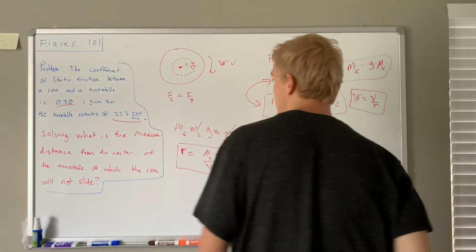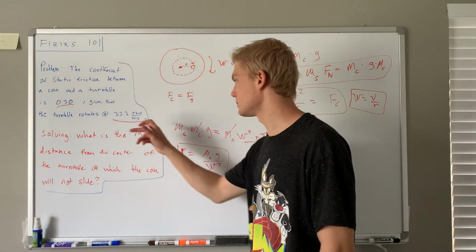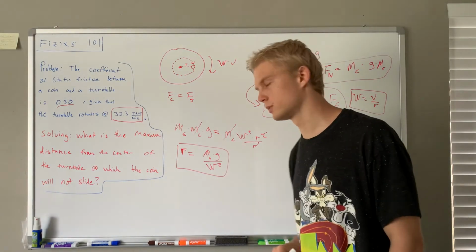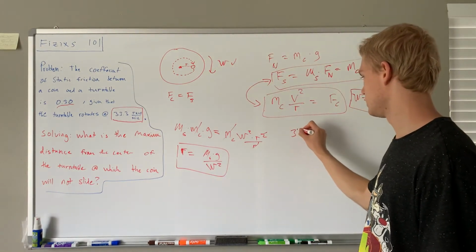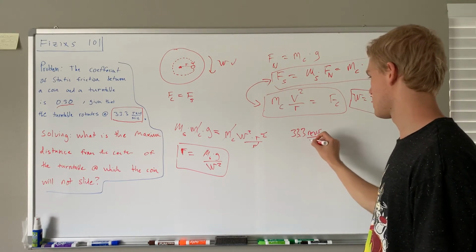Because they give you numbers, I'm going to tell you what that number is. But in this case, it's revolutions per minute. I don't like that. So you get 3.3 revolutions per minute.